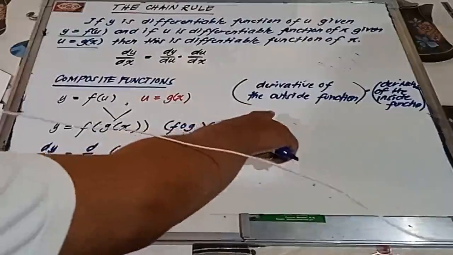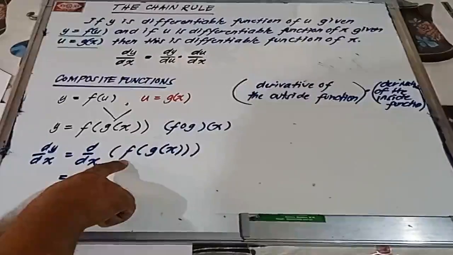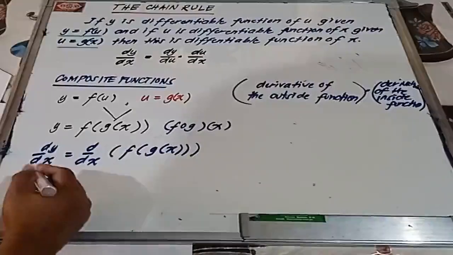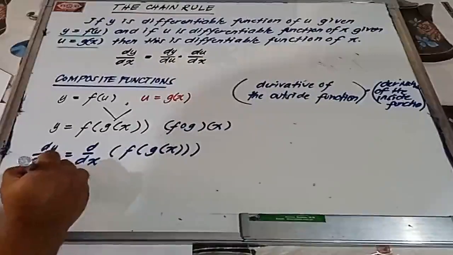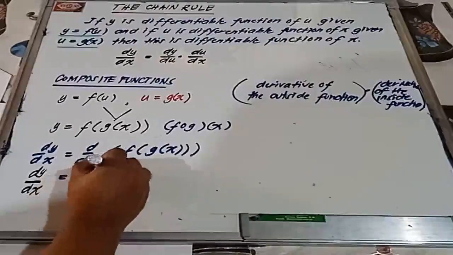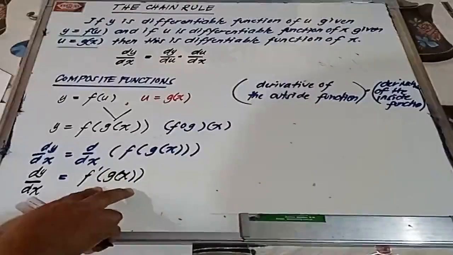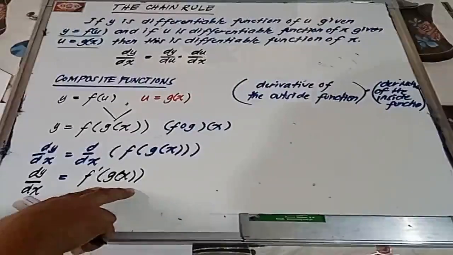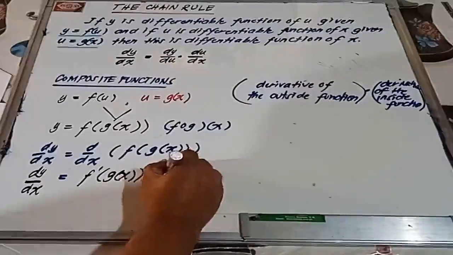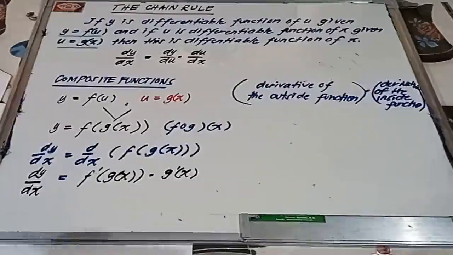Derivative of the outside function times derivative of the inside function. So, ito yung ating outside function, ito yung ating inside function. So, therefore, dy over dx is equal to f prime, yun yung symbol natin ginagamit. That is the derivative. We leave the inside function. Okay? Derivative of the outside times derivative g prime of x. That is the derivative of the inside function.